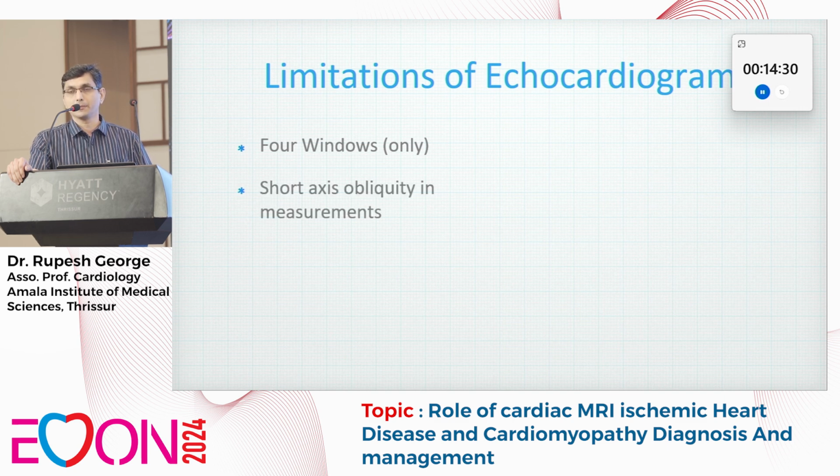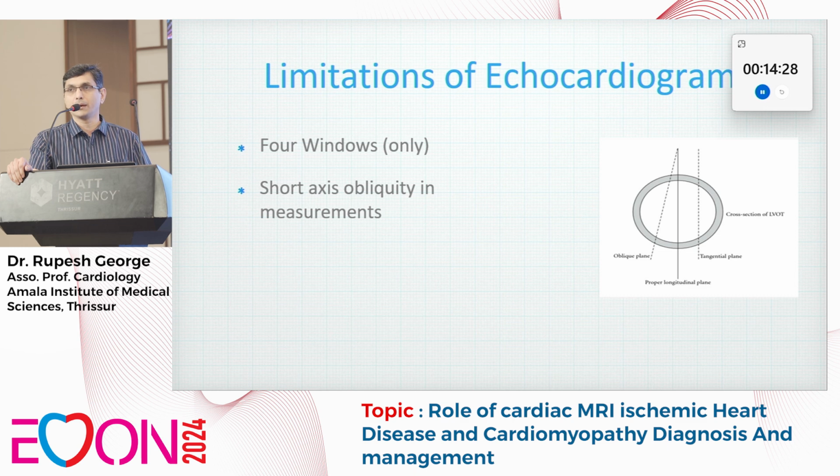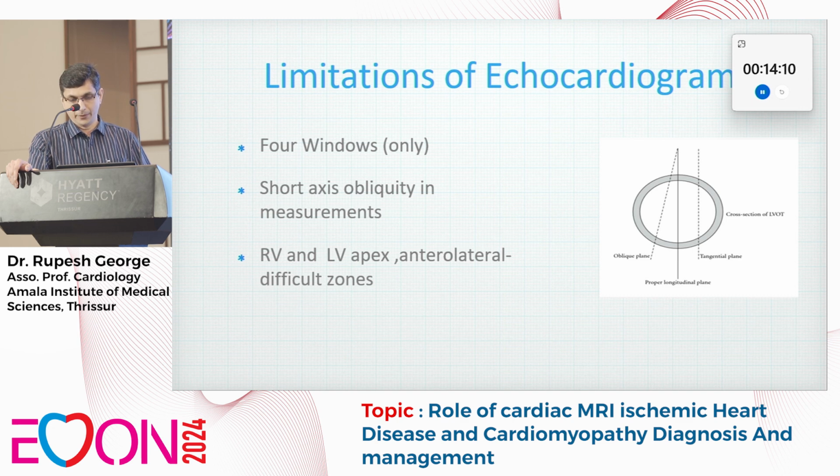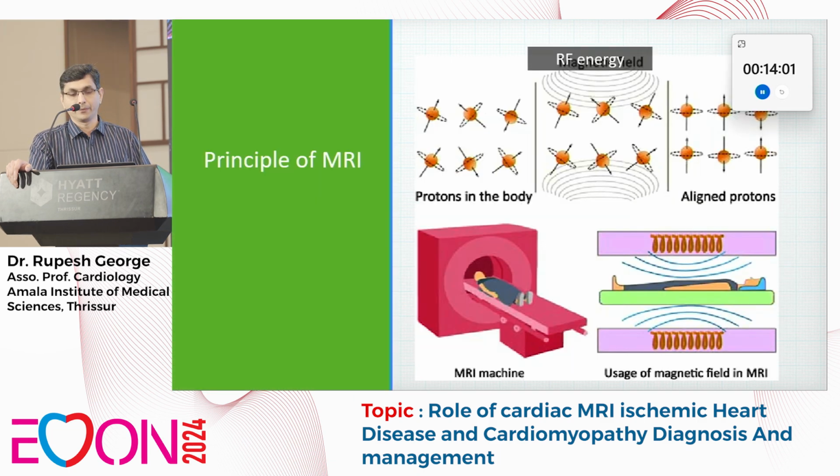Since the alignment of the heart and the windows, if they are not perpendicular, most of the short axis views may have oblique cuts and the measurements can be different. RV and LV apex and anterolateral areas are difficult zones for an echocardiographer to obtain good images. And tissue characterization is usually not much possible with ultrasound.